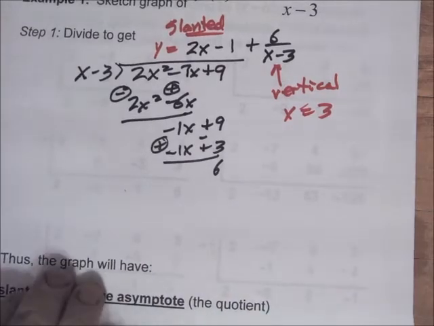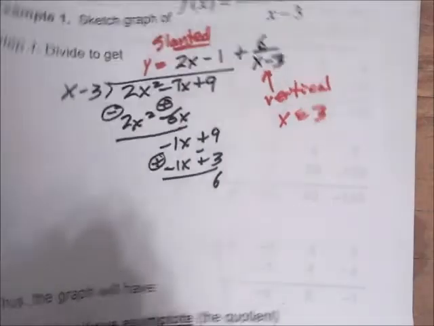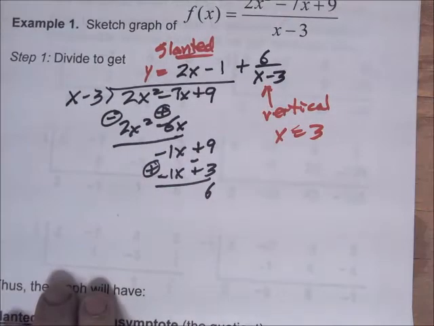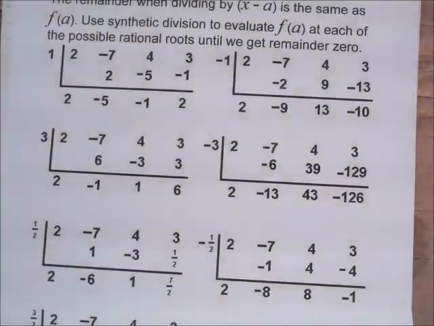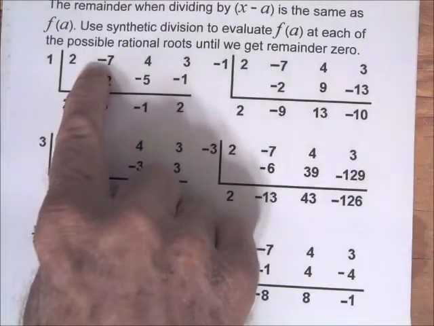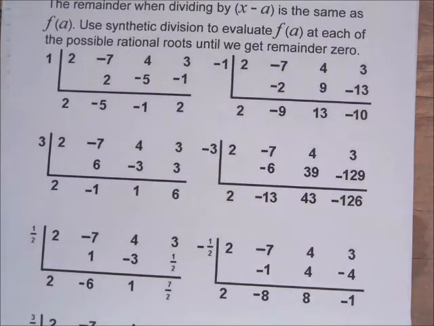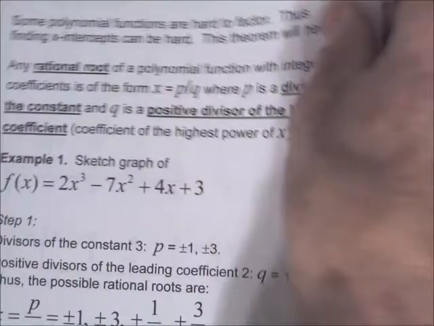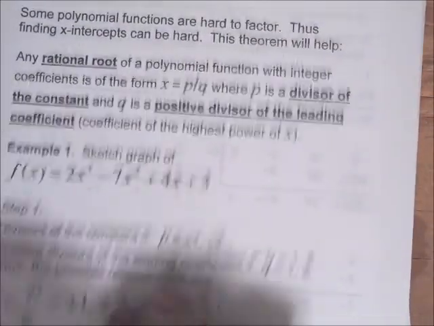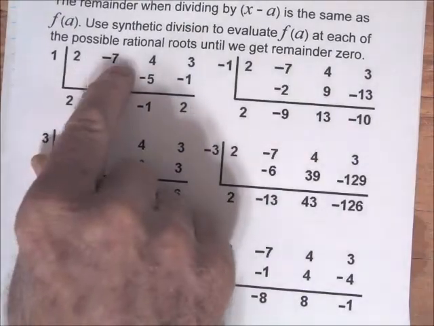And so if your divisor is of the form x plus a number or x minus a number, you can do what's called synthetic division, and that's what we're doing here. So I'm writing just the coefficients of the polynomial, 2, minus 7, 4, and 3, and I know the power of x by its position.